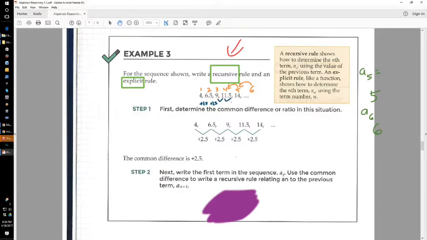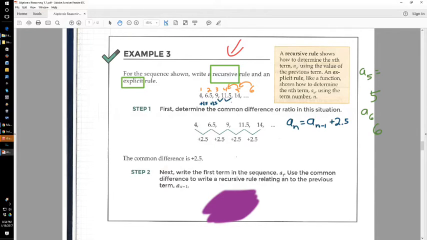So to write the rule for this, to find a sub n, I would simply back up one and add 2.5. To find the next one, I would simply back up and add 2.5. So this is the recursive rule.